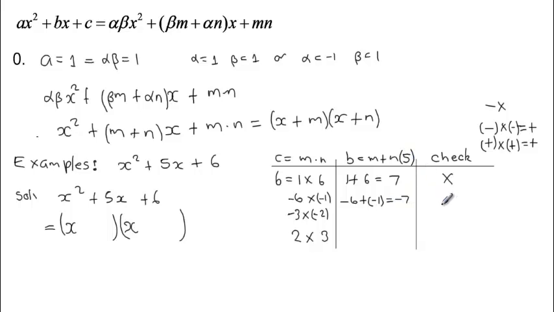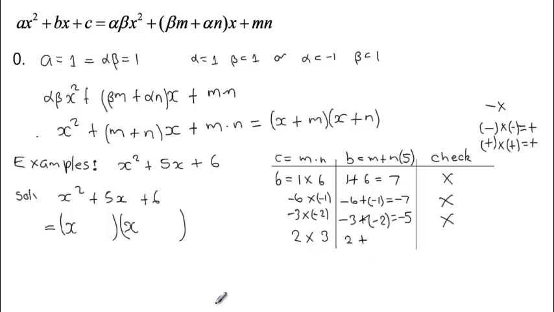Checking against that, we see that it's not equal. We rule that option out. Next, you get minus 3 plus minus 2, which gives us minus 5. Checking again against that, we see that this does not hold. And lastly, you've got 2 plus 3.